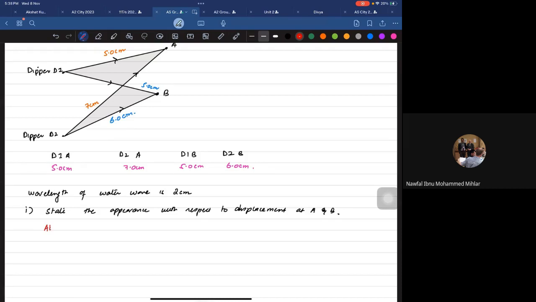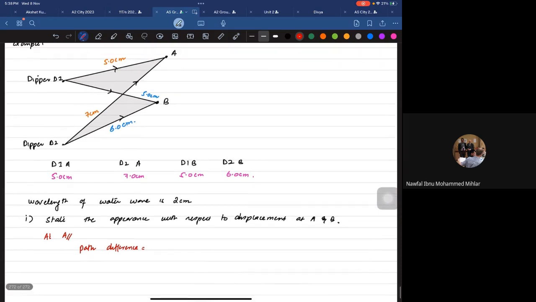So at A, you just need to basically find the path difference. The path difference at A will be D2A minus D1A. Yes, Raza, that is correct.